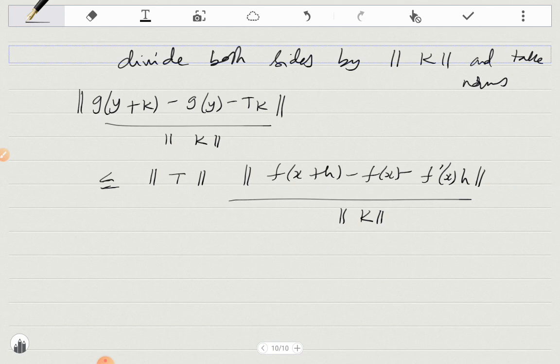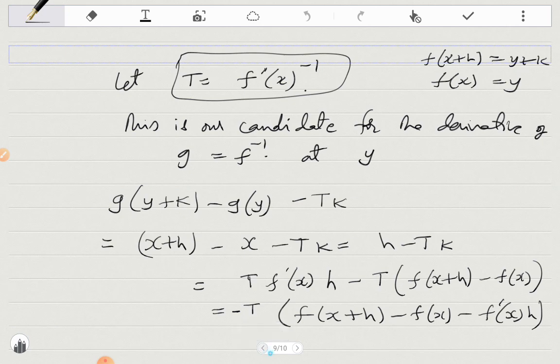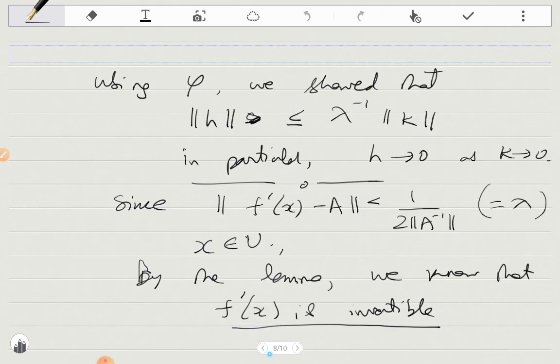Now we'll use something we had proved last time. I need a relation between norm k and norm h. Remember what did we have? Norm k is greater than or equal to lambda times norm h.